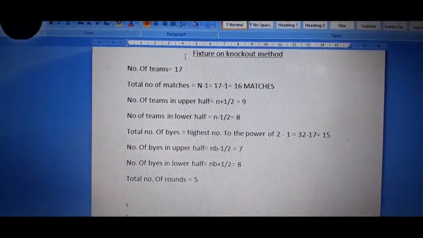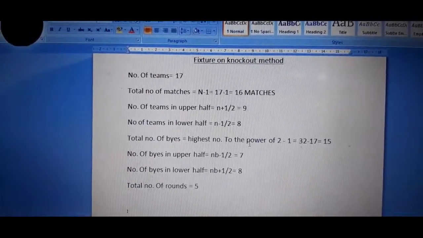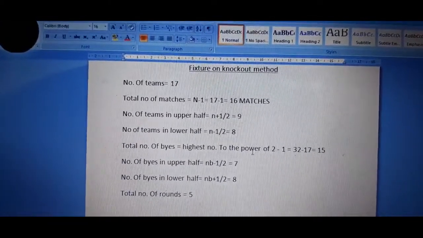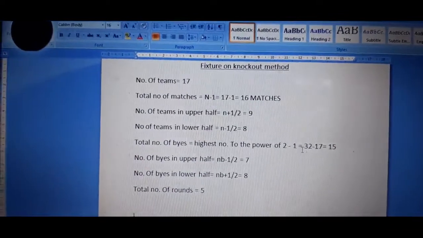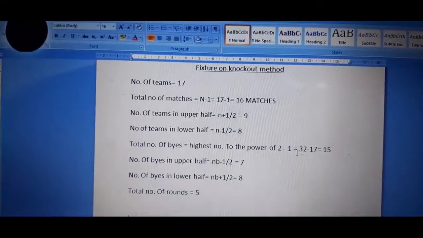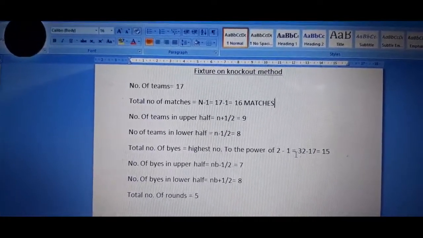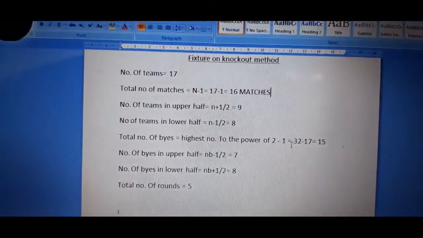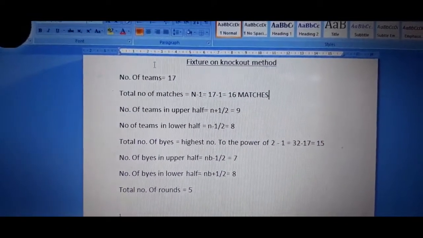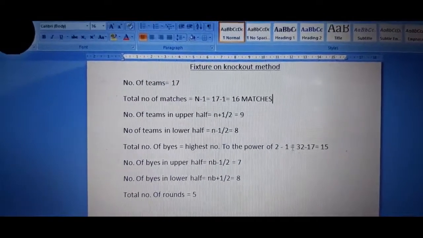If you are taking the number 17 over here, then the highest number to the power of 2 will be 32, that is 16 2s are 32, so 2 into 2 into 2 into 2 into 2, 5 times 2. So you have to remember the next highest number. If the team number is 17, 19, 21 till 32, 32 will only come.